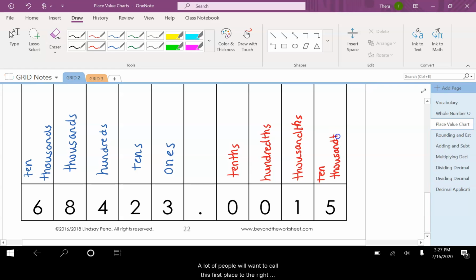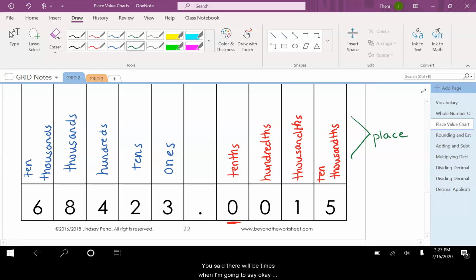A lot of people will want to call this first place to the right of the decimal the once place. And there's no such thing as the once place. It skips ones.